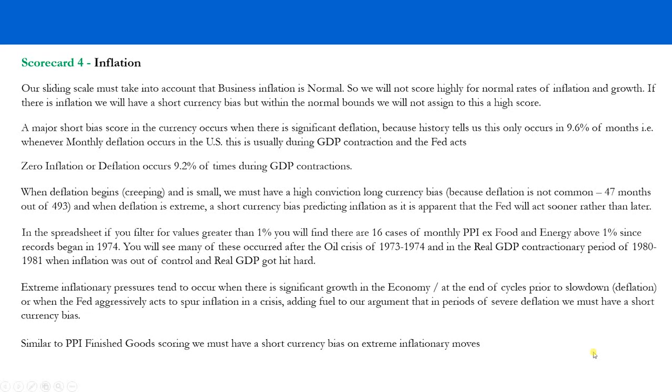Now, on the other side of our sliding scale, so on the inflationary side, if you go into the spreadsheet and filter for values greater than 1%, you'll find that there's very few cases. So there's only 16 cases of monthly PPI X food and energy above 1% since records began in 1974.